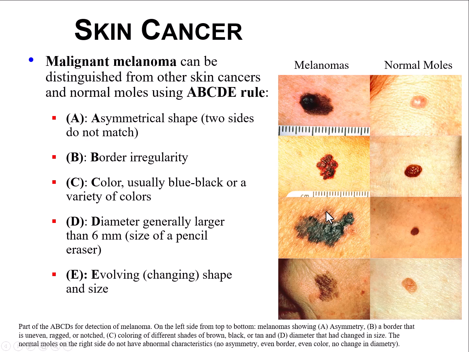You can see the different coloration in the melanomas. These are your typical normal moles that you don't have to worry about. Then a diameter greater than 6 millimeters, which is about the size of a pencil eraser. And then evolving, meaning that it changes all the time. Those are the ABCDEs of looking at a malignant melanoma.